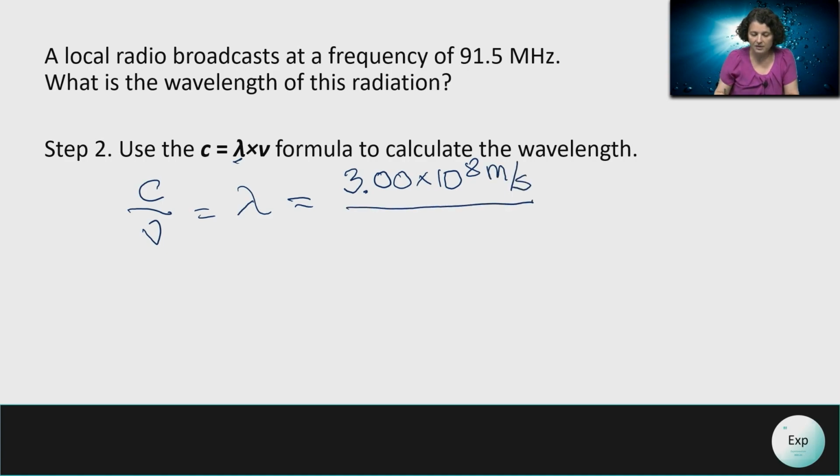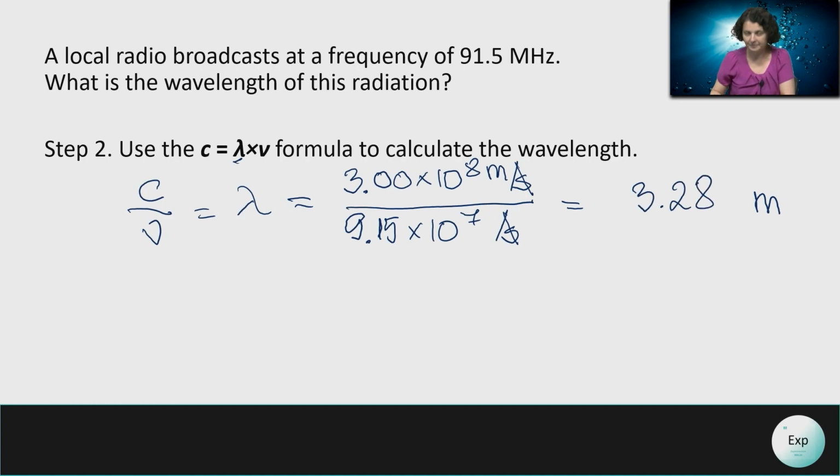And we divide this by the frequency in the base unit, which is 9.15 times 10 to the 7th per second or hertz. In this case, it is best to use the per second so that we may cancel these out and find our wavelength in units of meters, which will be 3.28 meters.